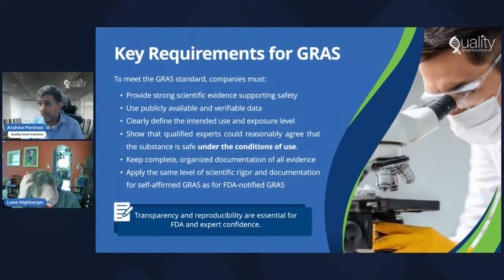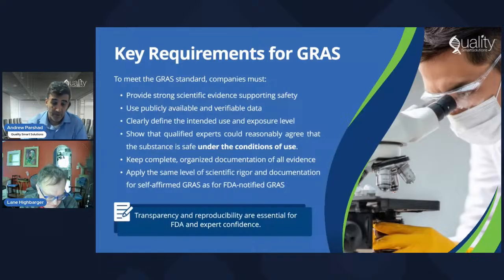Infant formula ingredients is another one where it is mandatory. Absolutely, and most important, and that is an incredibly important point. You cannot add ingredients to infant formula unless they have a GRAS notice. That is a flat out statement.